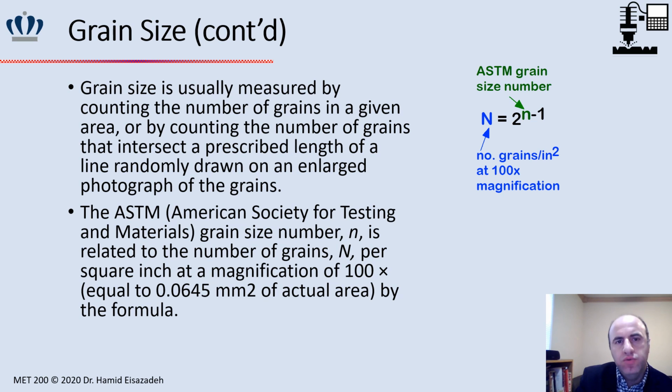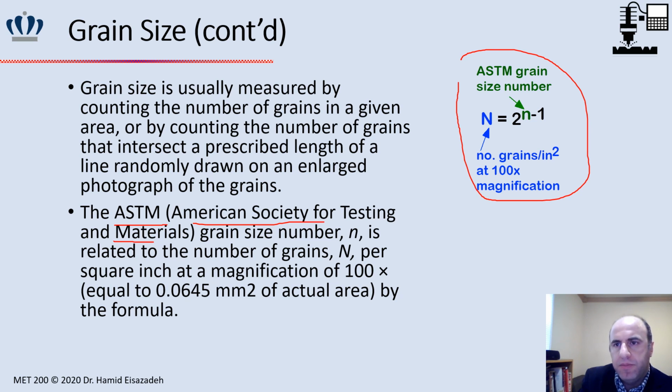If we want to quantify the size of the grain, we have to follow the ASTM, American Society for Testing and Materials. As you see, there is an equation here.